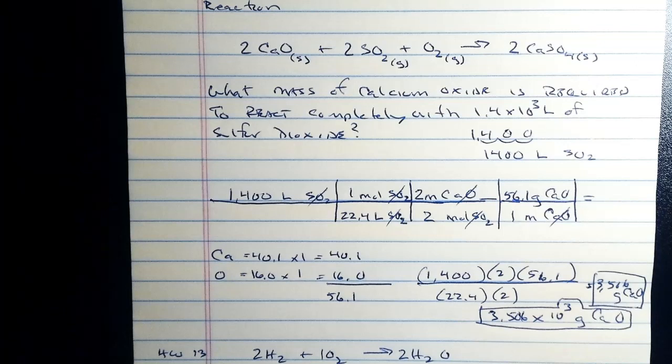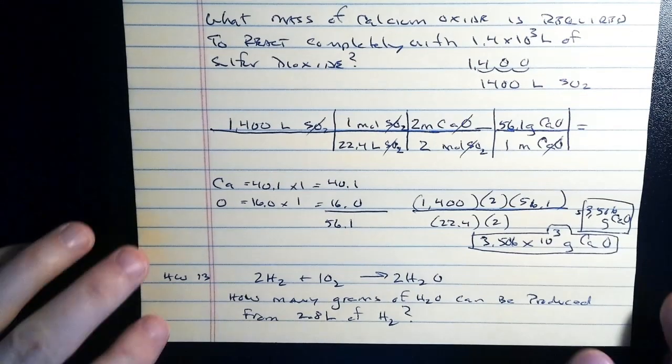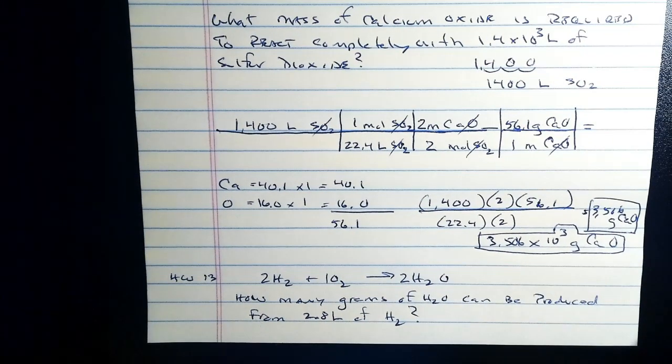So let's make it exactly a bit like this problem here, but it's simplified. So how many grams of H2O can be produced from 2.8 liters of H2?